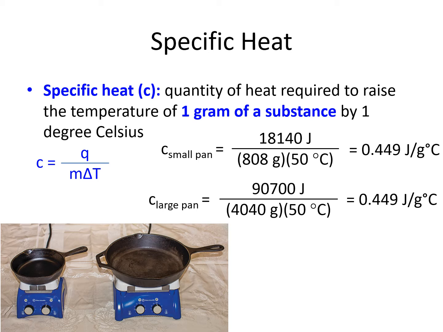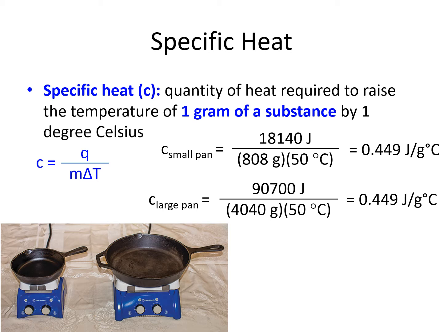And so when we divide those by each other, it ends up being the same amount in each case. So our specific heat for both the large pan and the small pan end up being 0.449 joules per gram Celsius.